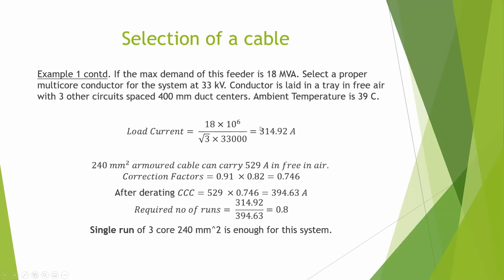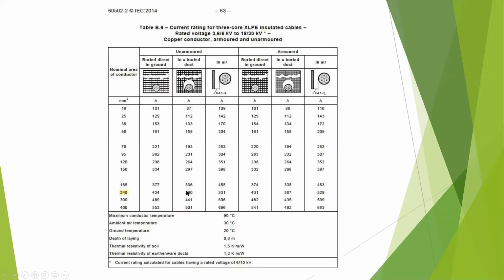So let's say this current is something around 500 amps. Our load is different. If the current is 500 amps, you can do a cost analysis. You will probably have to go for the 400 millimeter cable considering the rating factor.